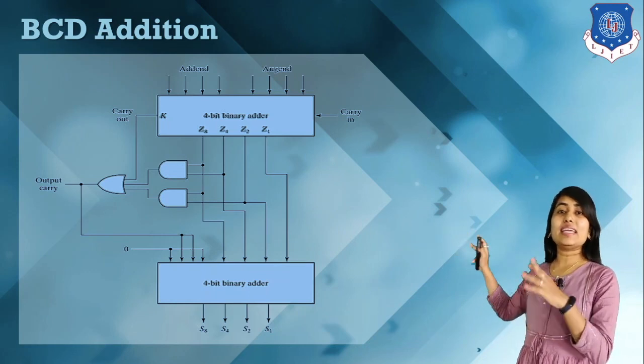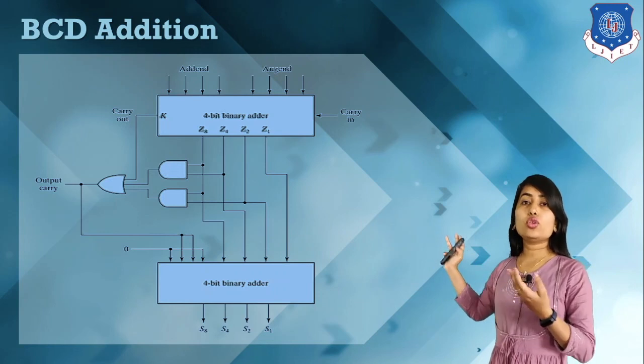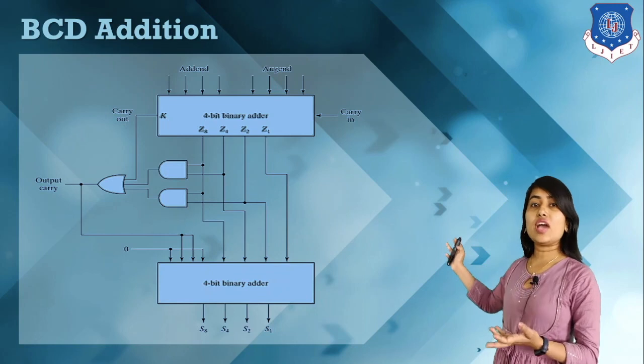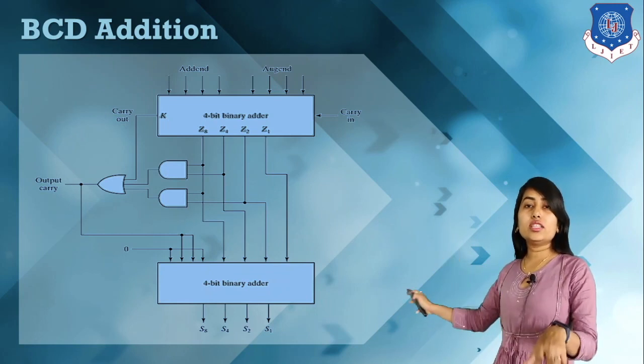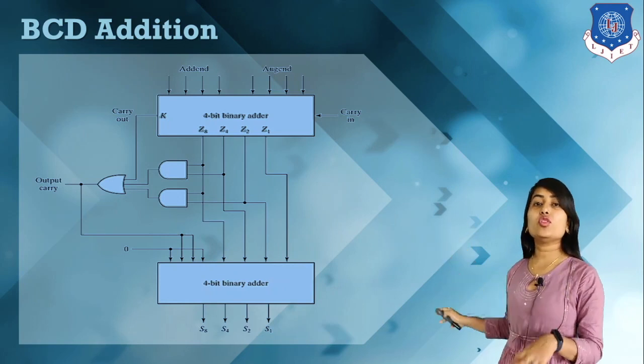This binary sum may or may not be valid, so we have to go with the addition of 6. If it is valid, we add 0 with this binary parallel adder, and if it is invalid, we have to add 6.